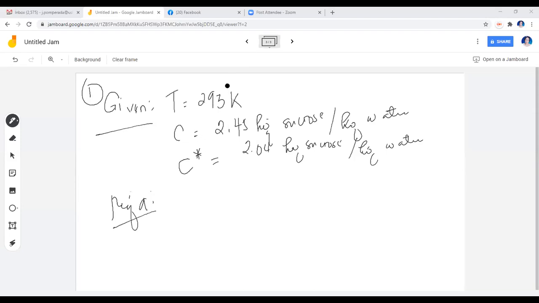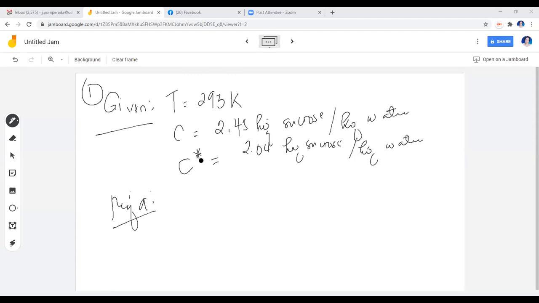Okay, so this is the initial information given in the problem. At 293 Kelvin, the concentration of your supersaturated solution is 2.45 kilogram sucrose per kilogram water. The equilibrium concentration is 2.04 kilogram sucrose per kilogram water.